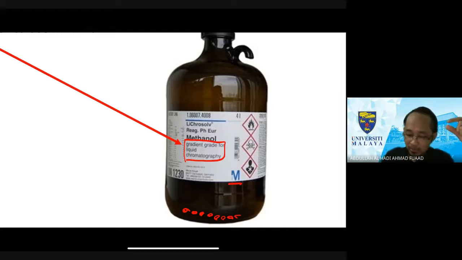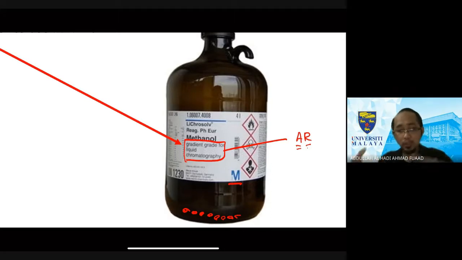So it can be like this one, gradient grade for liquid chromatography, or sometimes you can find it as AR, which can mean analytical reagent. For Merck, there are different names as well. It all depends on what you want to do. Make sure you use the correct ones.